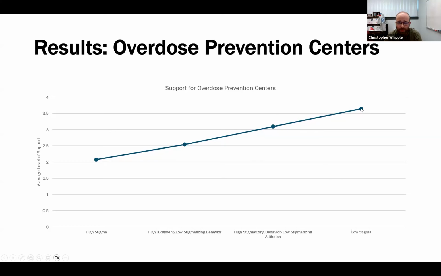The low stigma group was pretty supportive of overdose prevention centers. The high stigmatizing behavior, low stigmatizing attitudes group, people who didn't want to be around people with opioid use disorder but thought positively about opioid use disorder, had less support, but still relatively high levels.